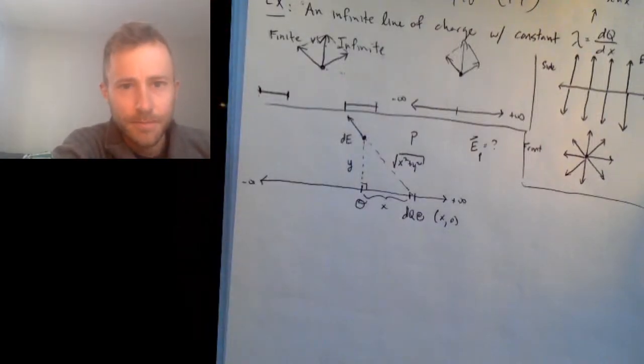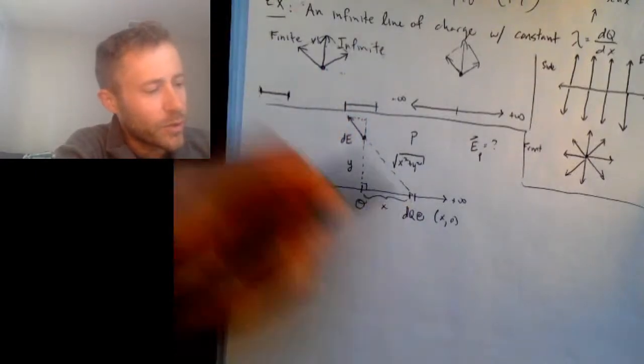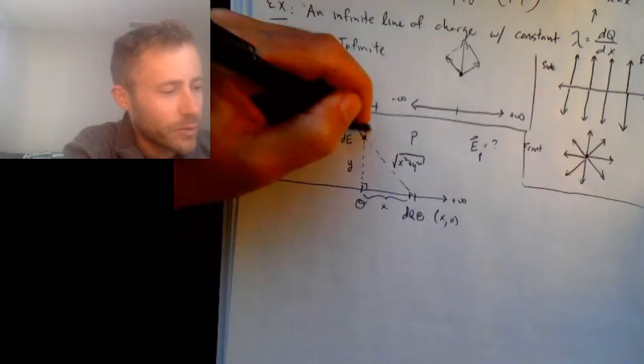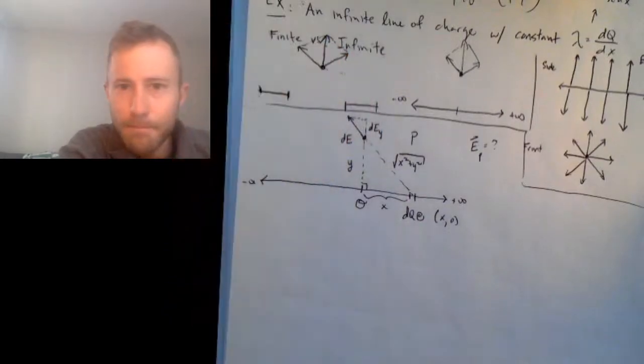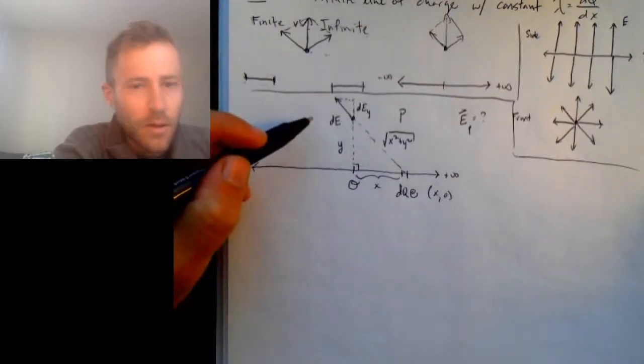But here's the thing. Part of that electric field is horizontal and part of it is vertical. So this is dE sub y. Now, all right.